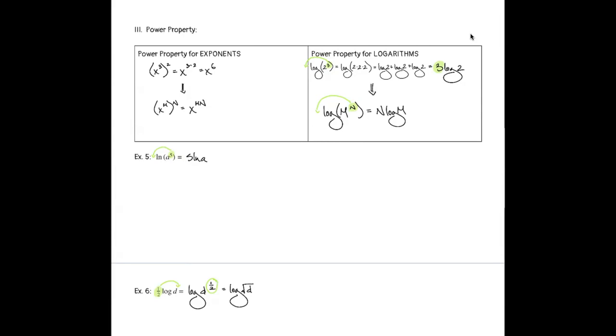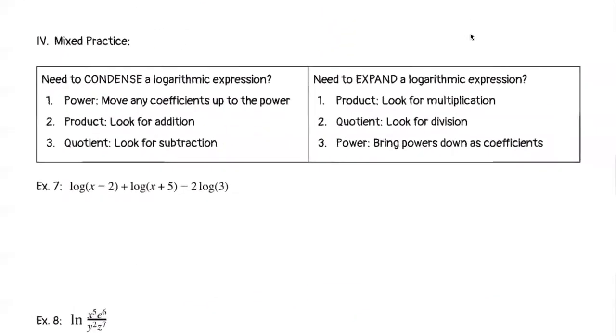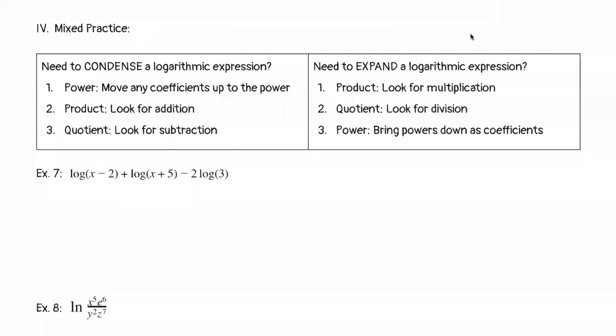Okay. Now, before we get to the practice though, I know that sometimes it's useful to have a little bit of a strategy walking into solving things, all right? And so when we're thinking about whether we want to condense or expand, I've found that there's sort of an order that is helpful in doing that, okay?